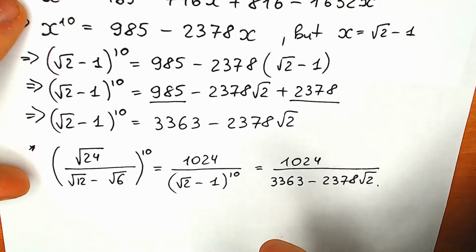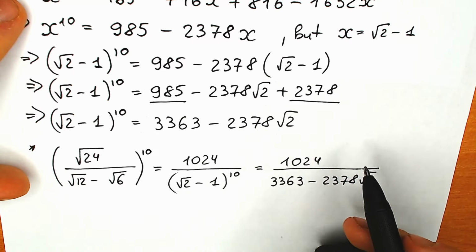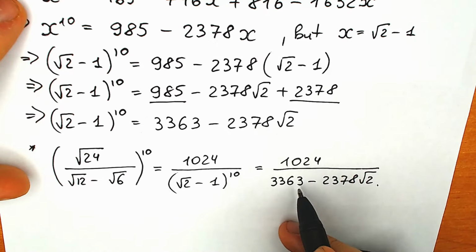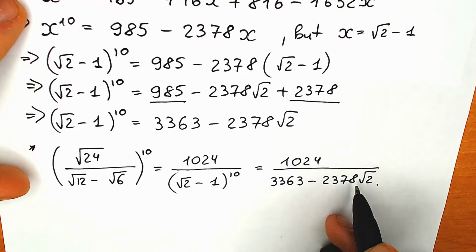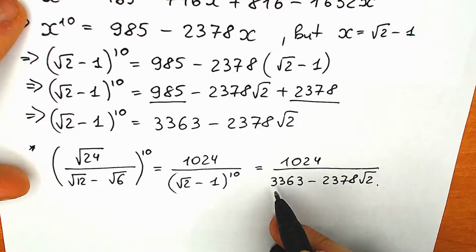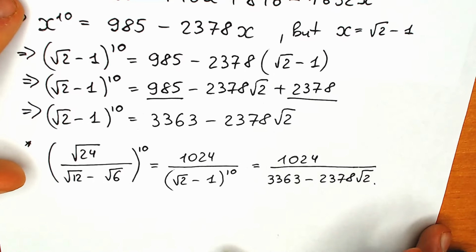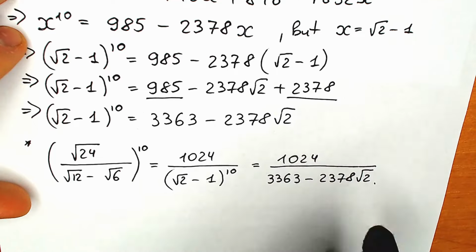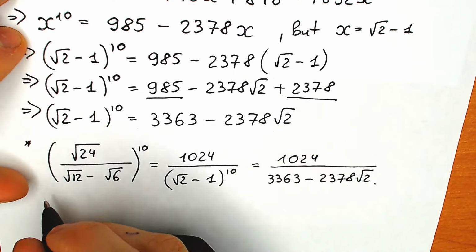If you're interested in this, you can also do it. You can multiply by 3363 plus 2378 square root of 2, both sides. Then right here we have a difference of squares, but this is up to you. If you want to do it like that, you can also simplify this, but for me this is a final answer.